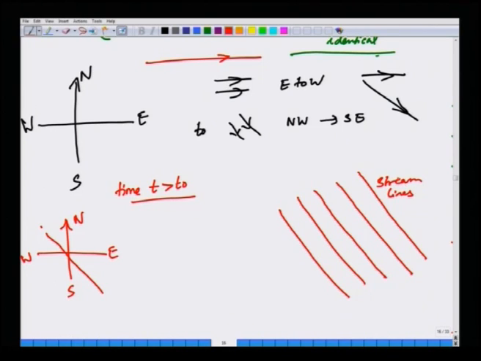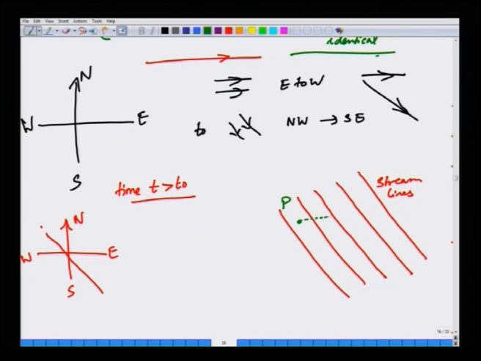What about a path line? The path line, I am going to show it in green. You take a point P which you have introduced at time t equal to 0.